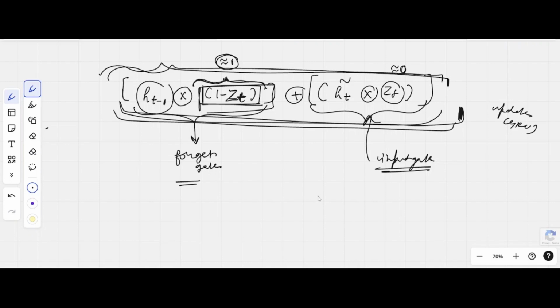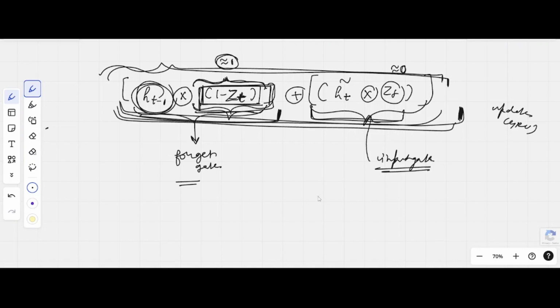Because of this quantity, we are getting a kind of balancing mechanism that helps us remove the information that is there in this part, ht minus 1, and this part helps us add information. So this is acting like a balancing mechanism.